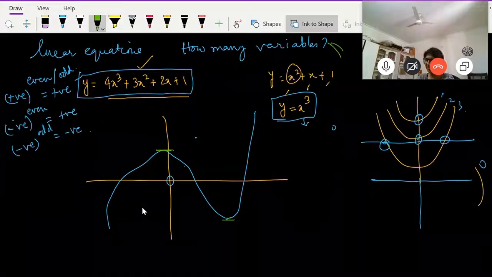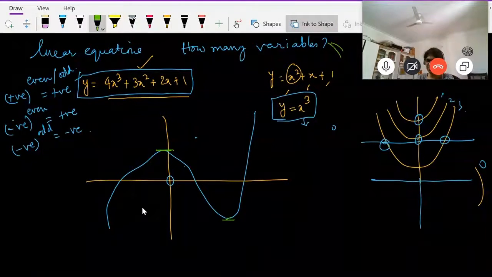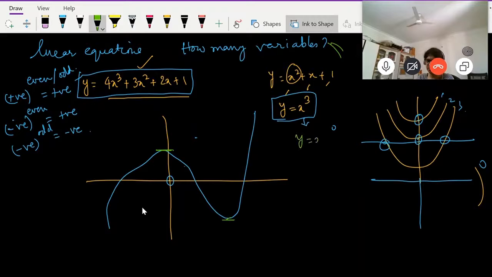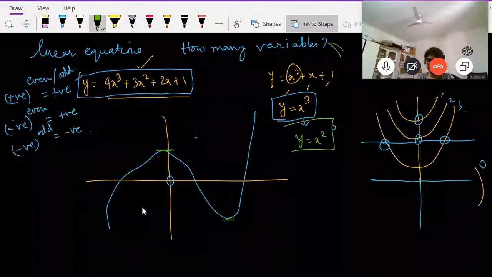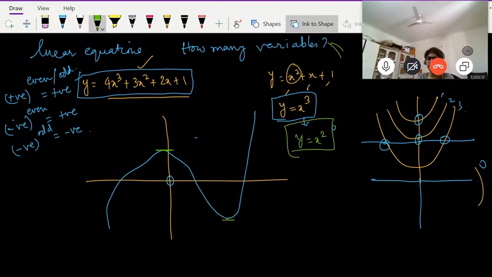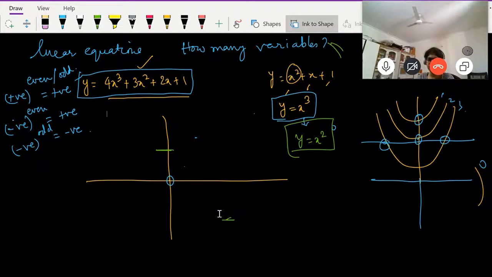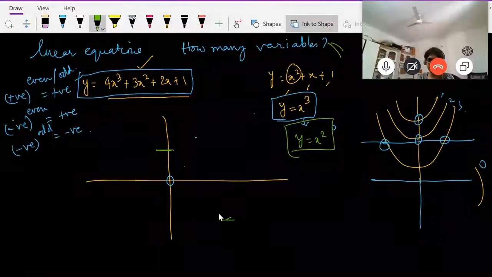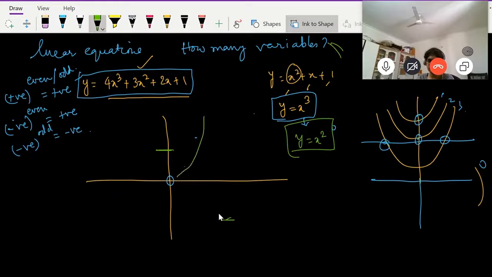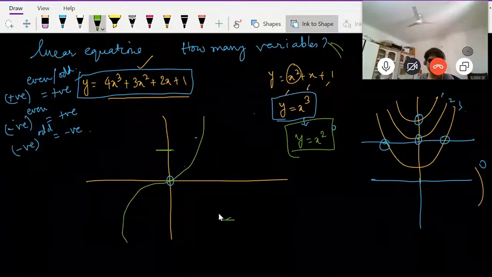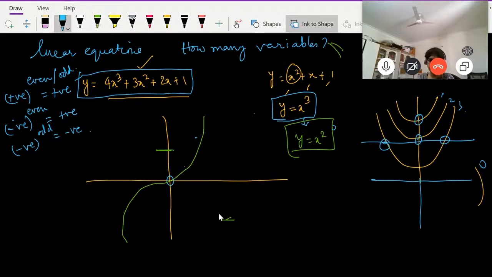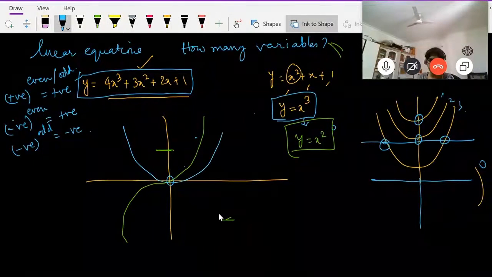Let us again look at these two curves, y equal to x cube and y equal to x square. Now if I plot these two curves individually, what will I see? For y equal to x cube, the curve will go like this, and for y equal to x square, the curve will go like this.